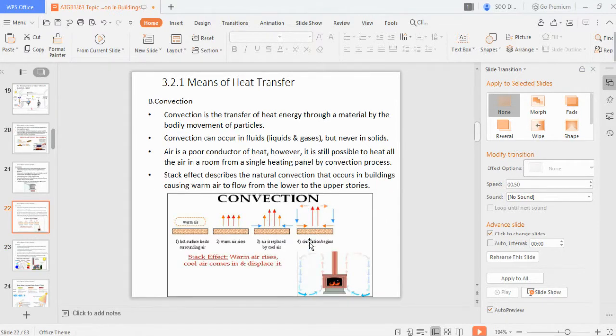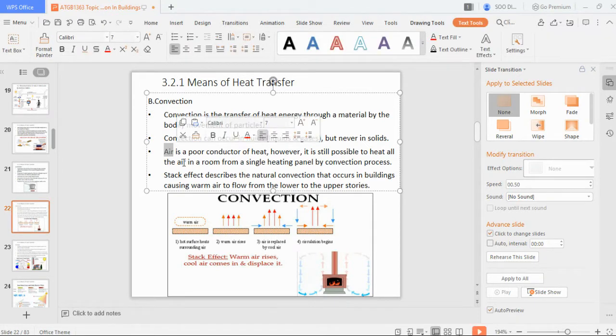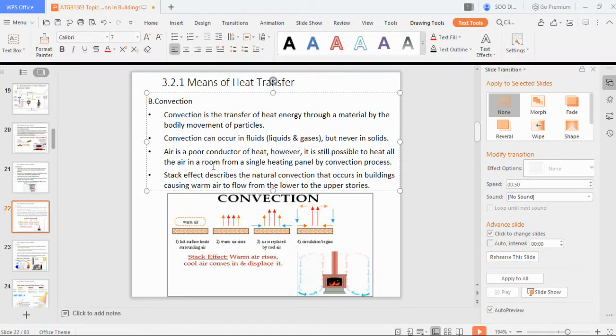Convection is the transfer of heat through movement of particles. Usually this medium of particles is our normal air. Although air is a poor conductor of heat, if you heat it enough, you'll be able to heat the whole room with air. So usually for convection, air is always being used.